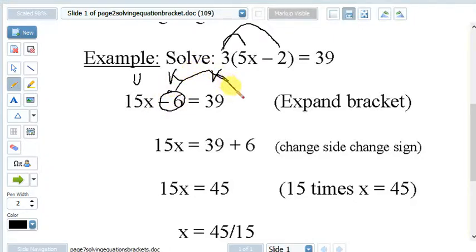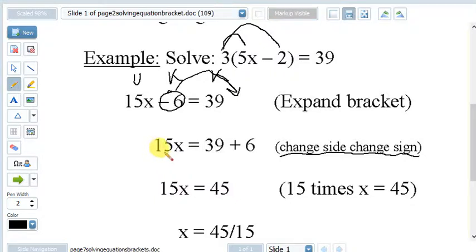So the minus 6 we bring across to this side using change sign. So basically a minus 6 on this side, when we bring it across to the other opposite side, it becomes the opposite sign, which is plus 6.